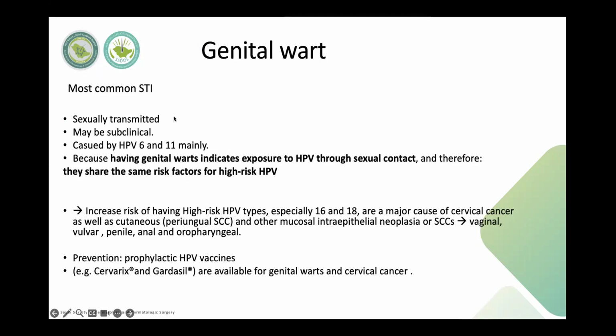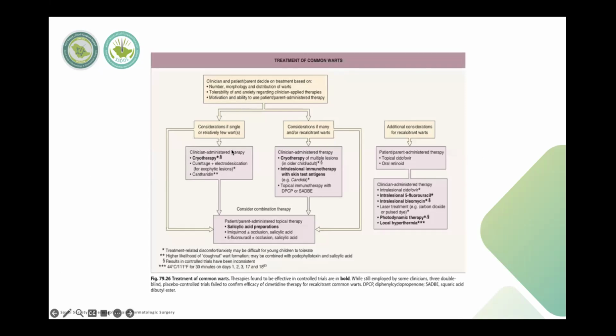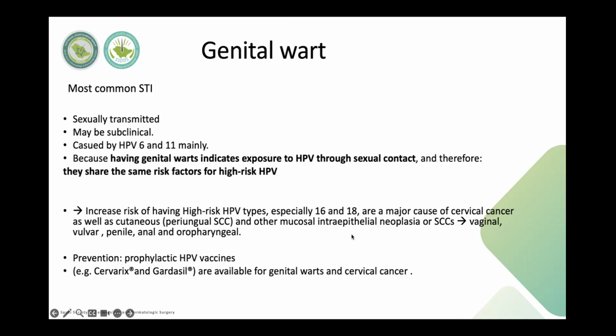So the types that cause genital wart are not precancerous by themselves, but they can indicate that the patient has been exposed to the high-risk viruses. These high-risk viruses carry risk, for example, for cervical cancer. And we have prevention, which is the prophylactic HPV vaccine.